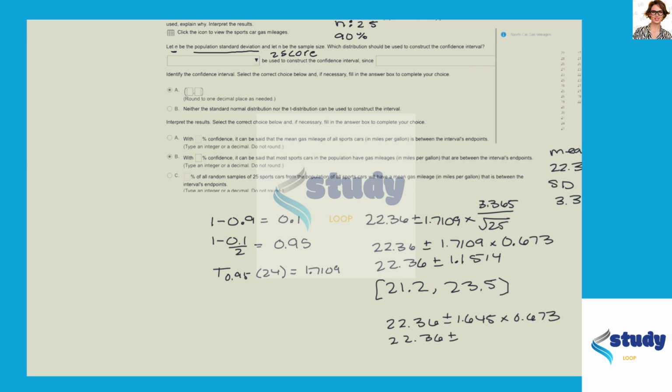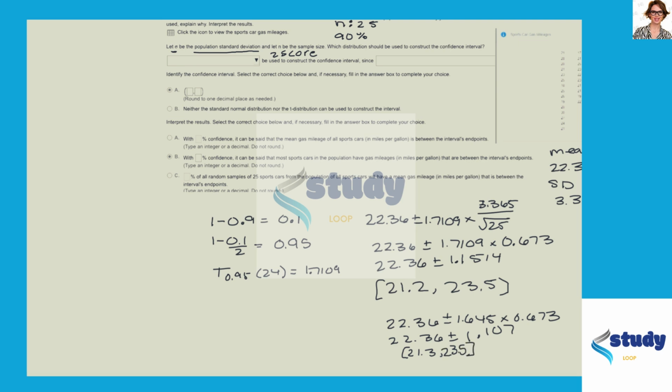And that is 1.107. So 22.36 minus 1.107 is going to be 21.3, comma. And then if I add the two numbers together, I'm going to get 23.5 still.